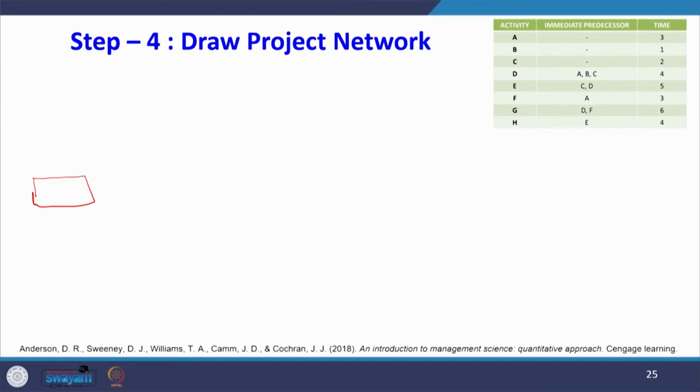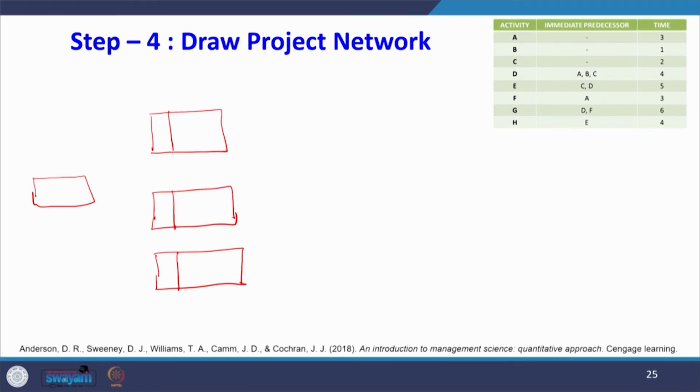There are 3 activities, there is no predecessors. So, A, B and C, duration 3, 1, 2.